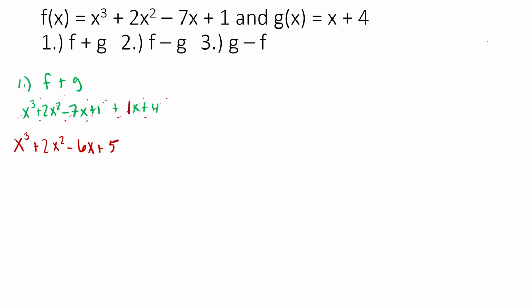Now for 2 and 3, this is intended to emphasize one of the aspects of subtraction that was discussed in the video. So we have f minus g, so x to the third plus 2x squared minus 7x plus 1 minus x plus 4. And in this case, these parentheses are not cosmetic because you are grouping what you're subtracting together, and you have to make sure that you distribute that subtraction through.